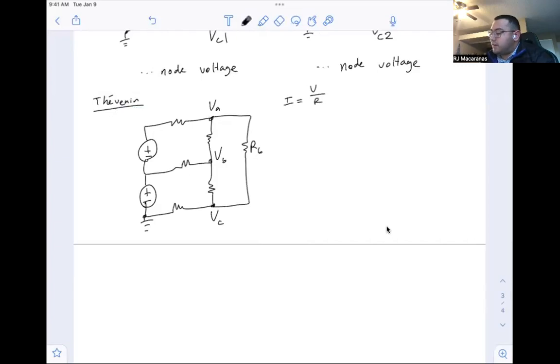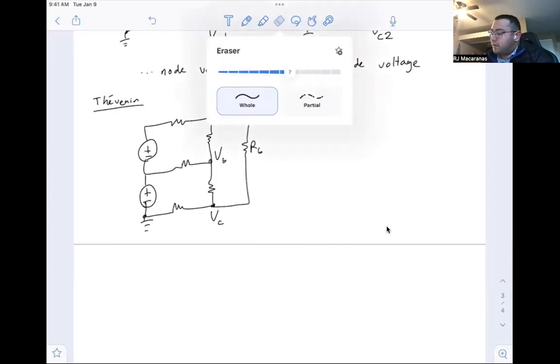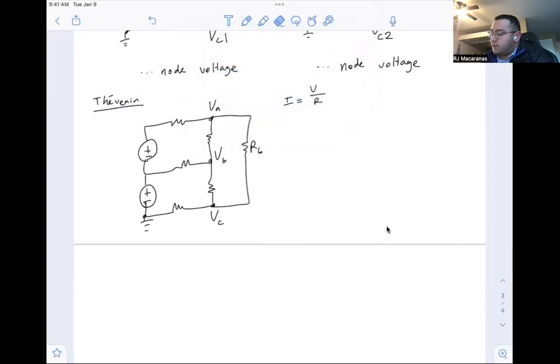So Thevenin says, first off, we say R6 is the load, so let's just go ahead and remove that. And you can choose any point to be the load, as long as the rest of the network is linear. So this is our network, and we're going to simplify this.